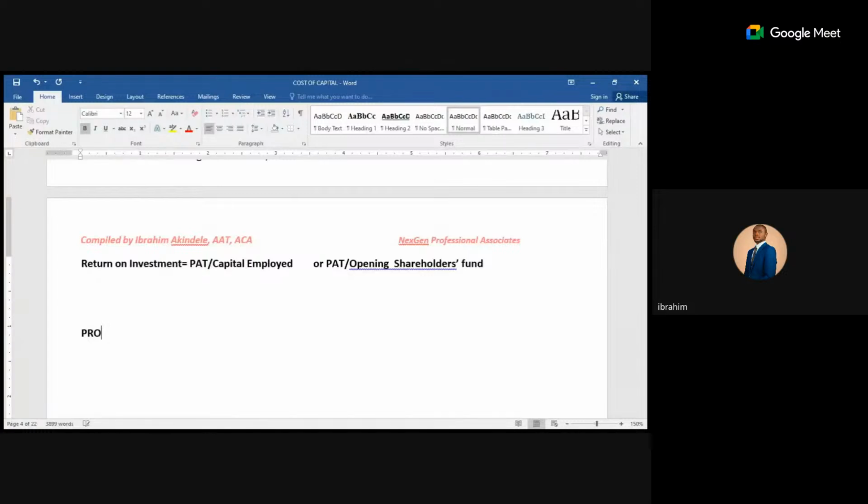From your statement of changes in equity, you have a balance brought forward from the previous year.